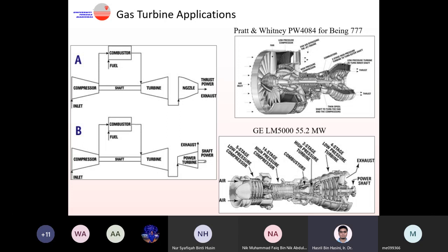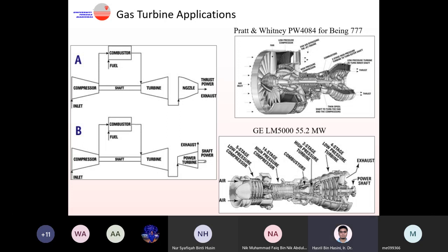This is the gas turbine application. If you look at the figure on the left here, you have two different types of application for the gas turbine. One is the aircraft engine, which is A, and the bottom one is the application for the power plant.